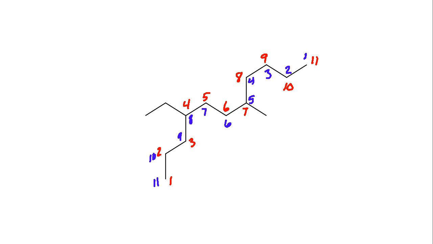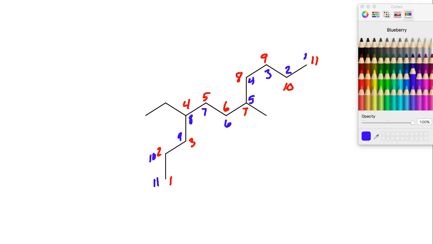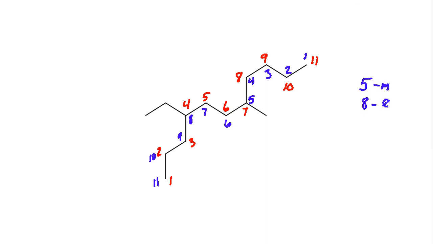In the case of the blue numbering, I would have a 5 for the methyl group, and I would have an 8 for the ethyl group. So this already should start to be clear, but just for the sake of making sure everybody understands where we're coming from, the other reverse method has a 4 for the ethyl, right, and a 7 for the methyl.